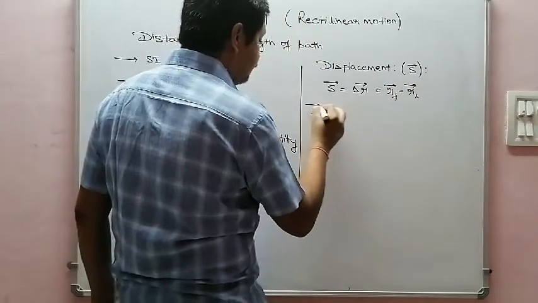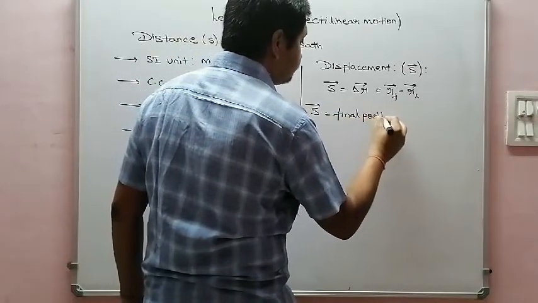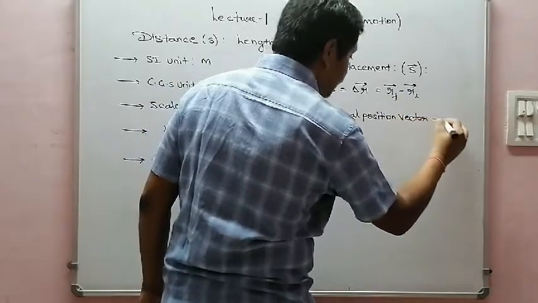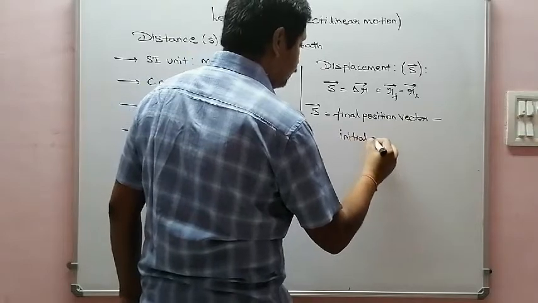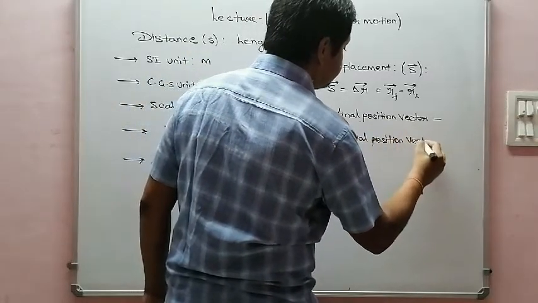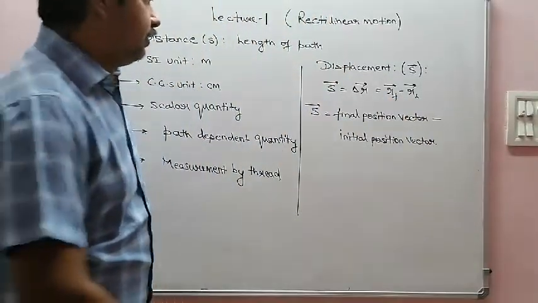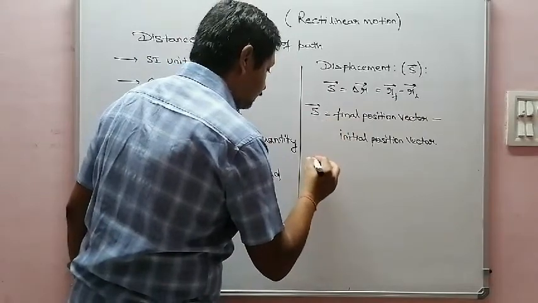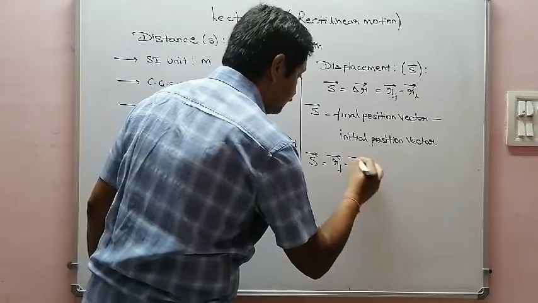Means the definition of displacement is final position vector minus initial position vector. This is the definition of displacement. R final minus R initial.